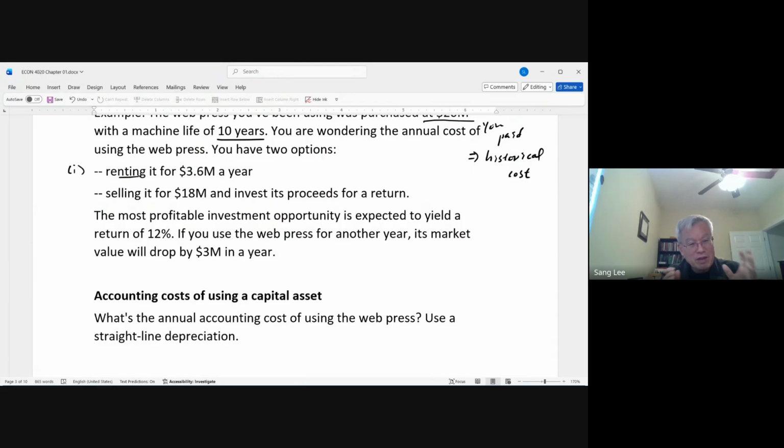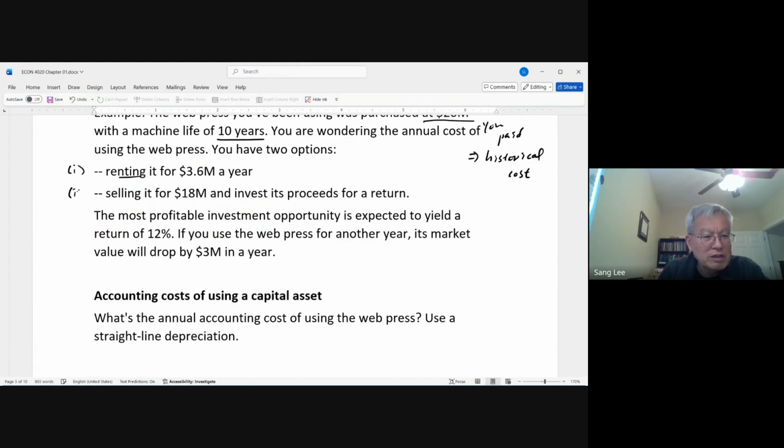If you rent it out, how much rental income can you generate? Well, in the market for used web press machines, a similar web press machine is currently rented out for $3.6 million a year.